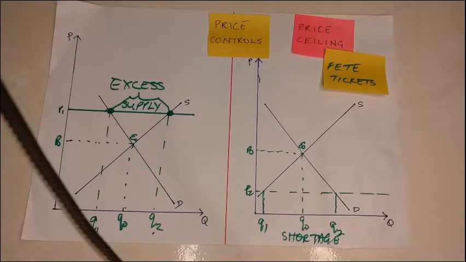And so that's why you would see we have scalpers and touts outside of fetes selling these tickets at exorbitant prices because they are now selling at the market price. So you'd find when we have price ceilings, it would lead to black market situations because persons are willing to pay a higher price because of this shortage.